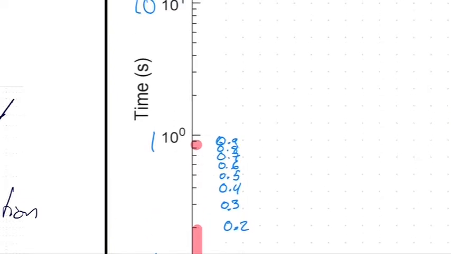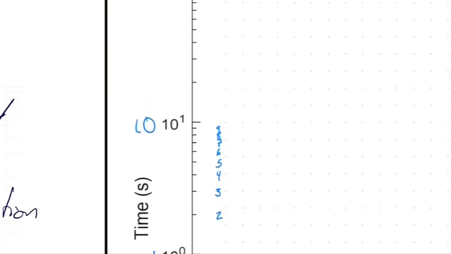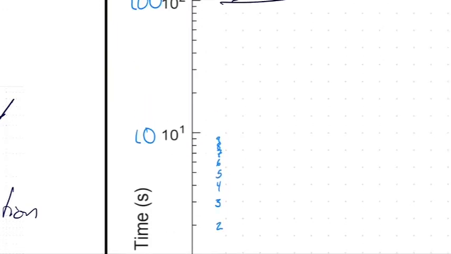Now we're going to move up, and now we're not going to count by tenths anymore because our last major division was 1. So now we're going to count 2, 3, 4, 5, 6, 7, 8, 9, 10. We just hit 10.